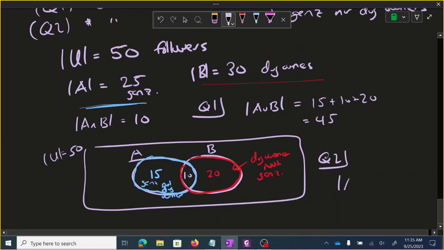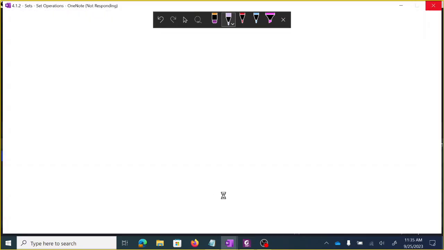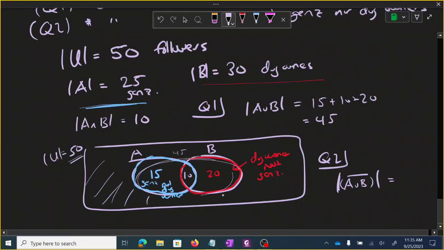And so that is the size of A union B complement, right? It's everything but that union. And we know the universal set is 50. We know that everything inside here on both these is 45. And so that leaves the outside, definitely not drawn to scale, which is 5.